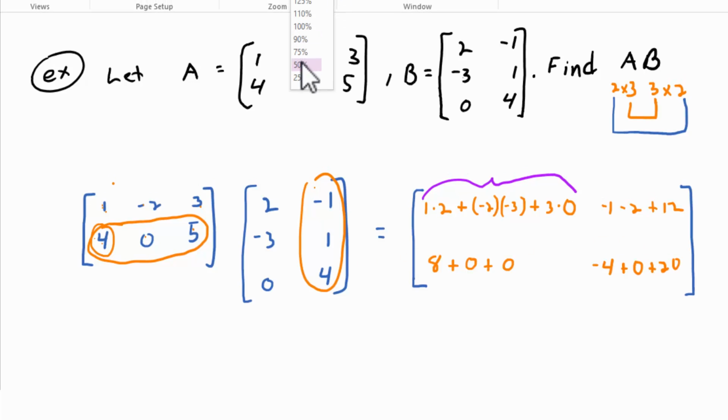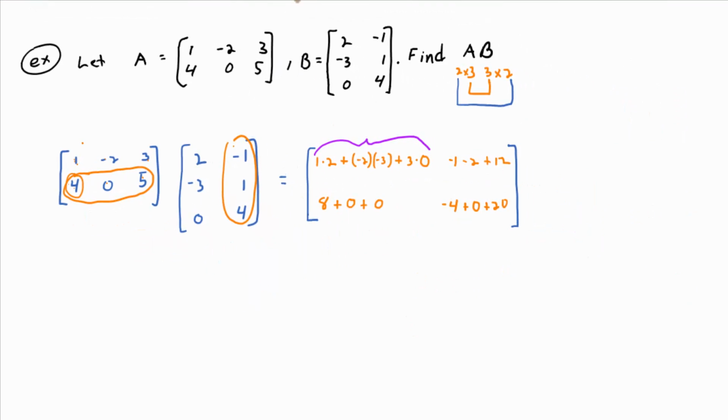Let's clean this up, and then we'll have our answer. What do we end up getting for the upper left-hand entry? It's 2 plus 6 because we have 0 on the third term. So 8, and then what do we get over here? 9, and then 8 and 16. There you go. There's your product.